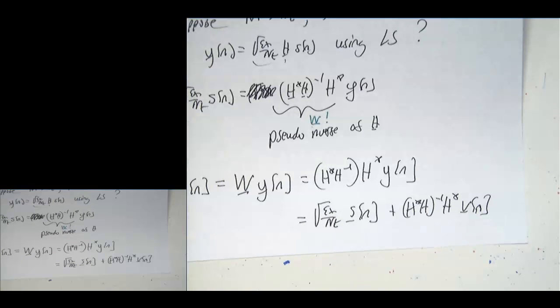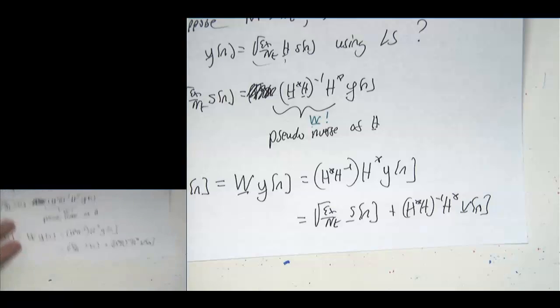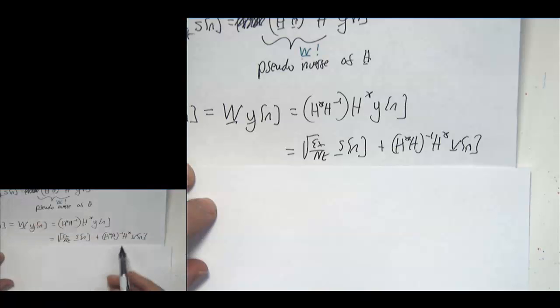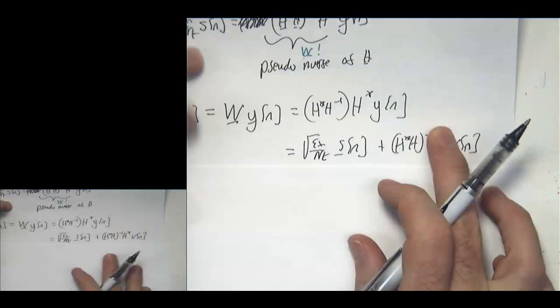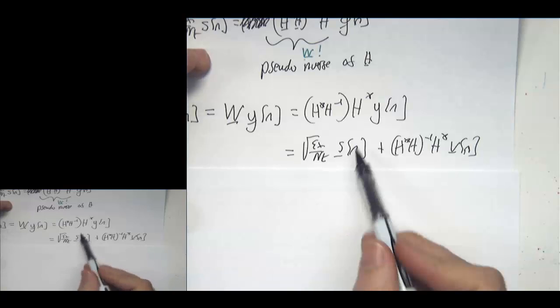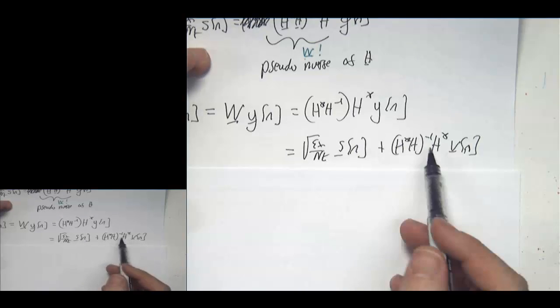Now, effectively what we've done here looks a little bit like the Alamouti equation that we had. We did all these tricks and ended up with the desired symbols plus some noise.